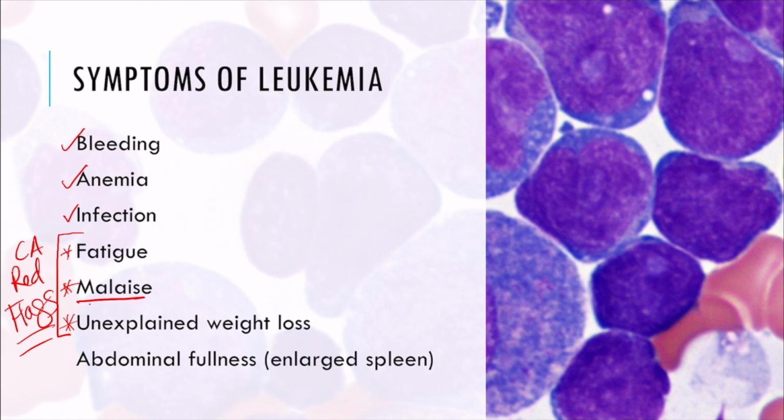If you're unfamiliar with the term malaise, this is a word that loosely translates to that general feeling of being unwell. I think you've all experienced this. You know that feeling the day before you get a cold and you're like, something's not right. I know I'm getting sick. And your roommate or your mom or your friend is like, why?